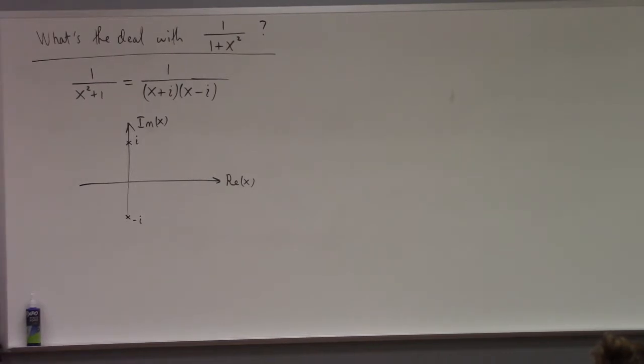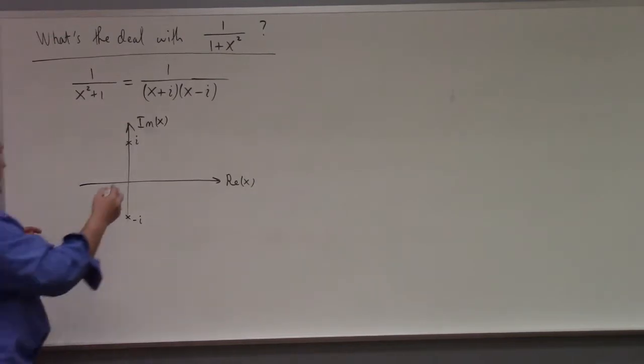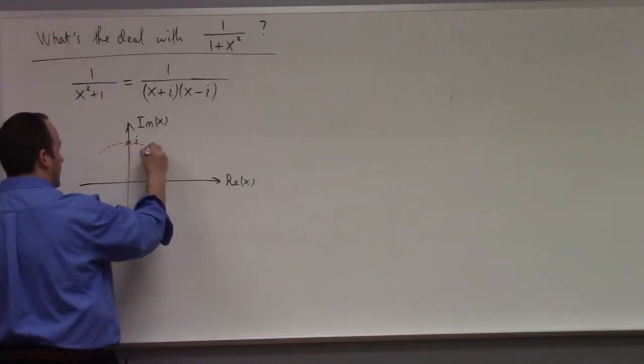And in fact, if you study complex variables, what you'll find is that there's a power series. It's, in fact, exactly what I wrote over here already. This, viewed as a complex power series, represents the function 1 over x squared plus 1 on this open disk in the complex plane.